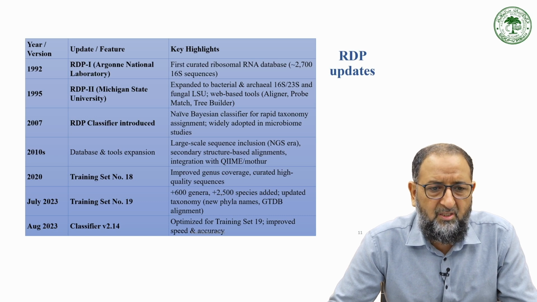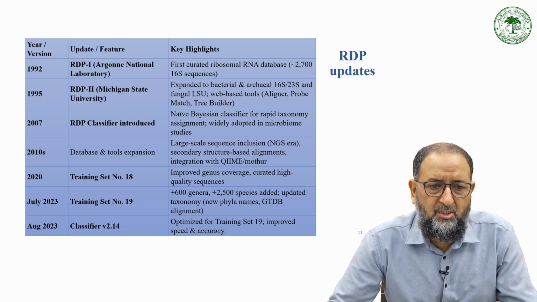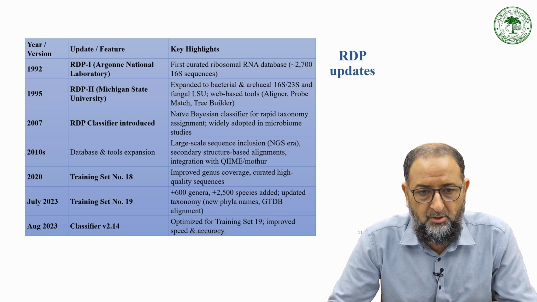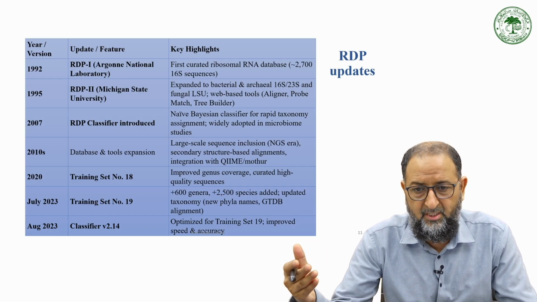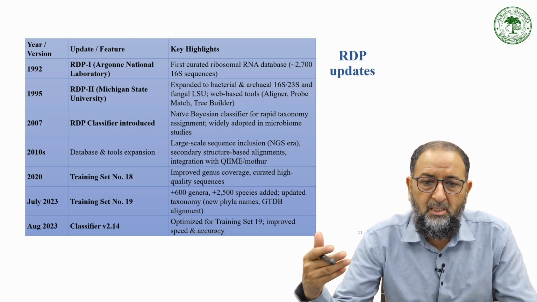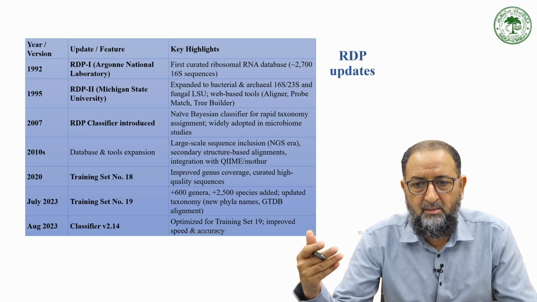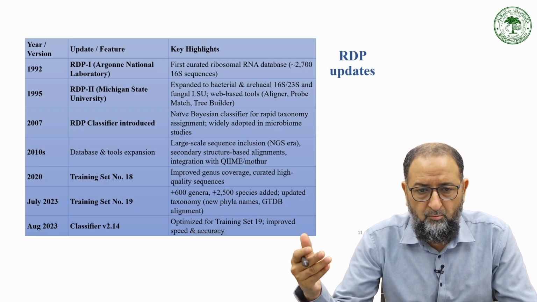In 2007, the Ribosomal Database Project introduced the Bayesian classifier, a new classification system for rapid taxonomy assignment, widely adopted in microbiome studies.